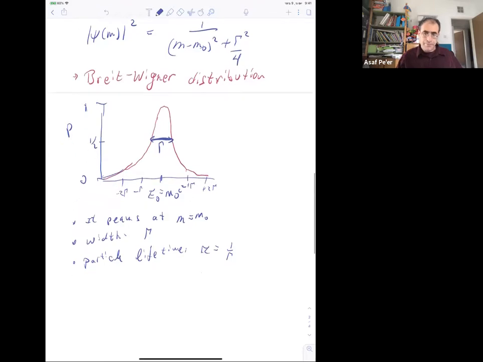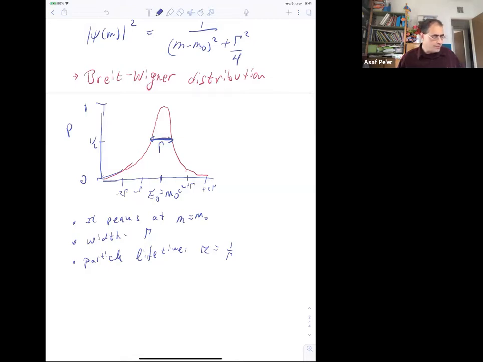Which means that when we have a stable particle, such as the electrons and the protons, we simply don't have this width. For a stable particle, gamma is 0.